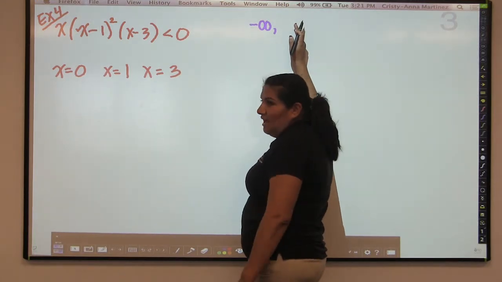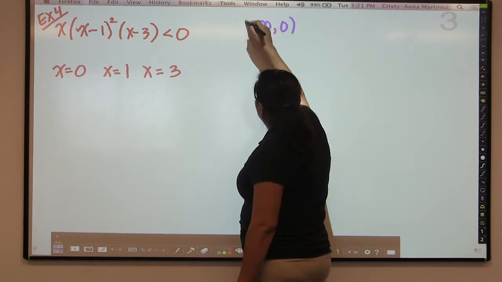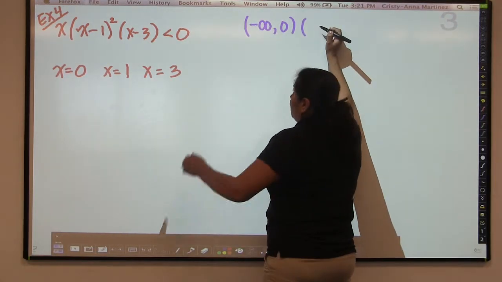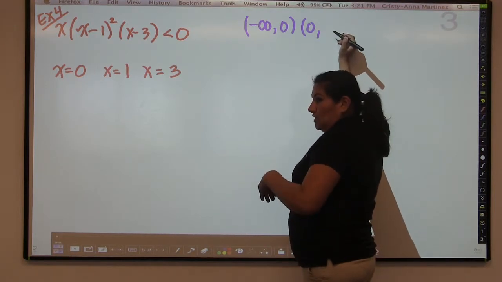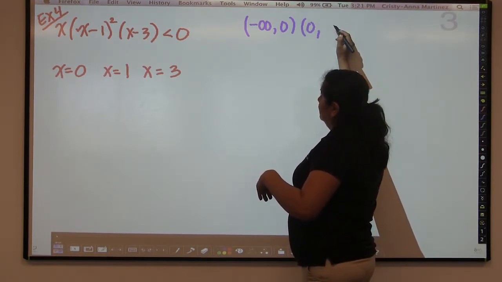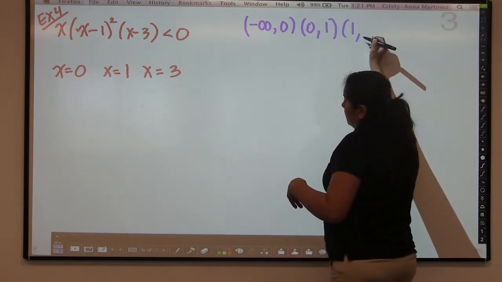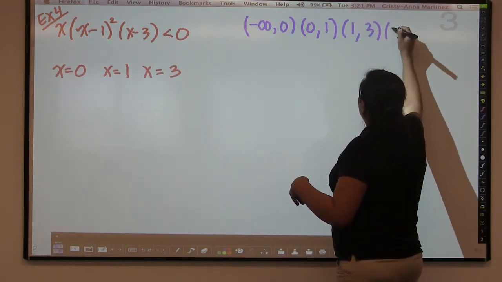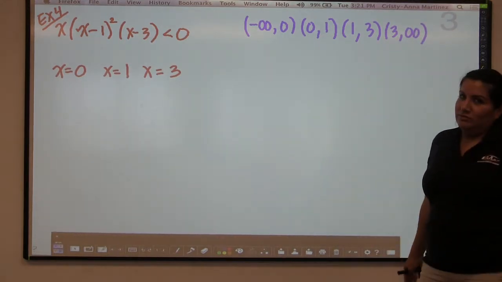In this case, it's not. What is the smallest number that we have? 0. So that's my first interval. The next one goes from where the one before it ended to the next number, which is 1, and then from 1 to 3, and then from 3 to the end, which is positive infinity, which is why you get 4 intervals.